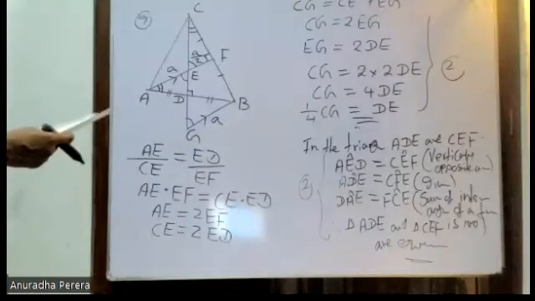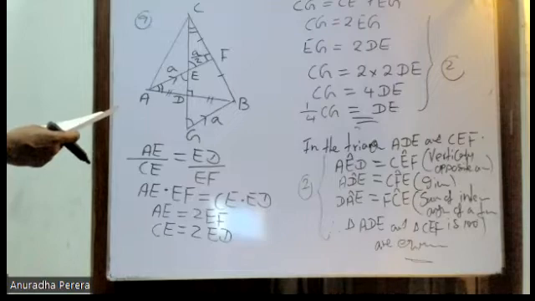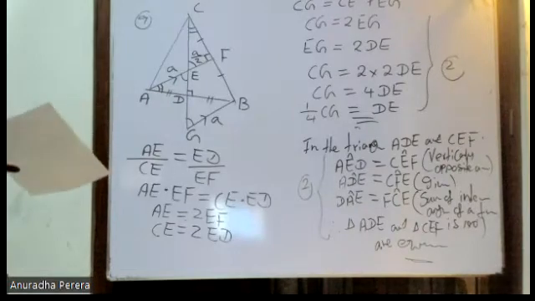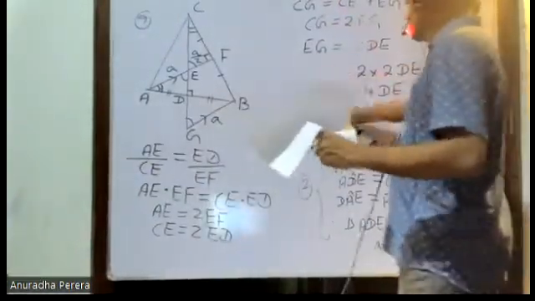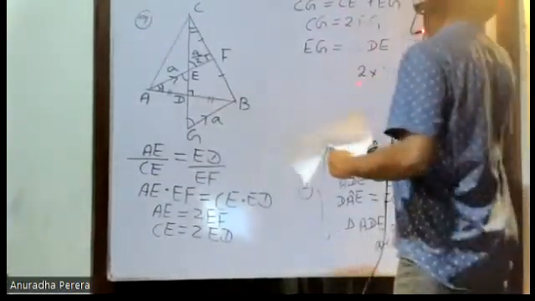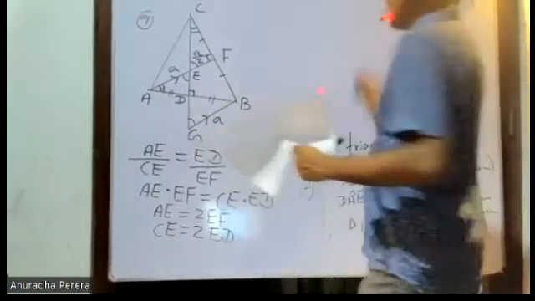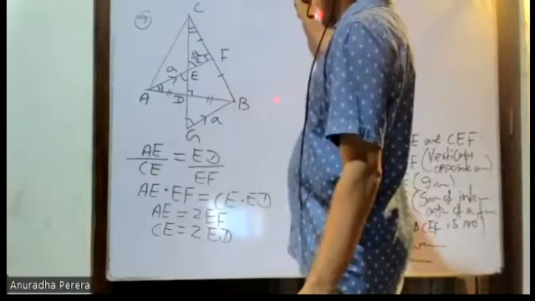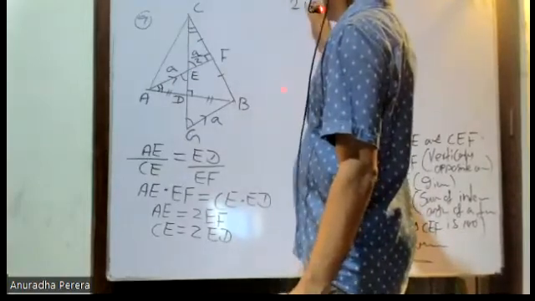Now you can substitute the values. I can erase this. AE equals 2 times EF.